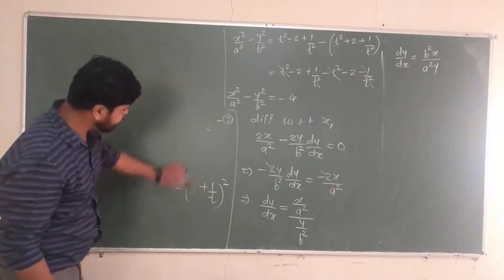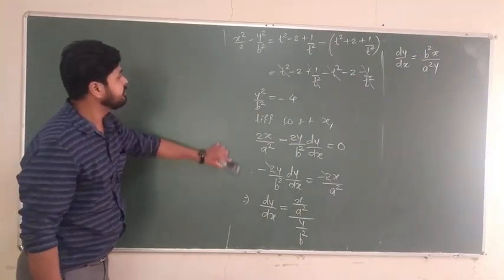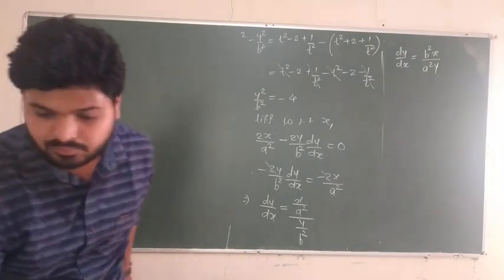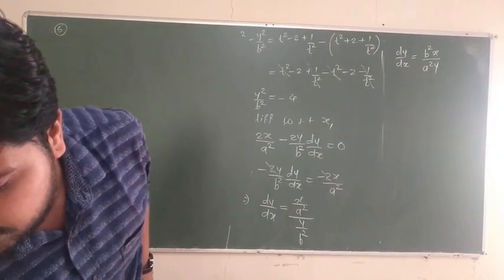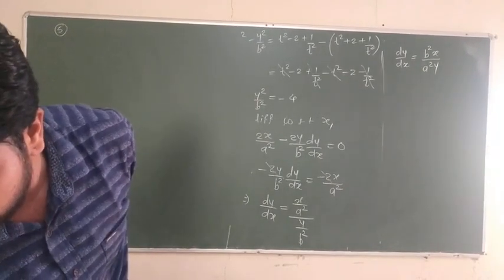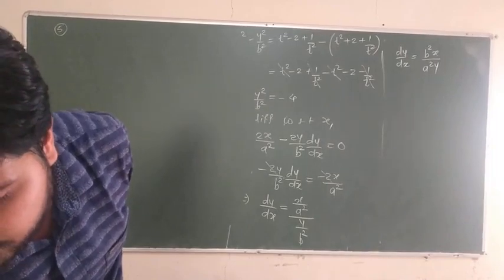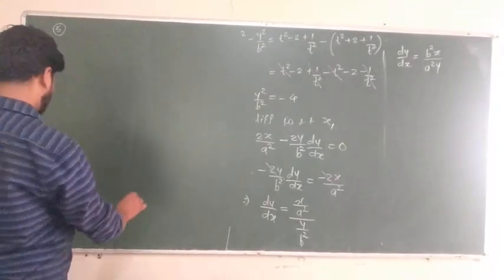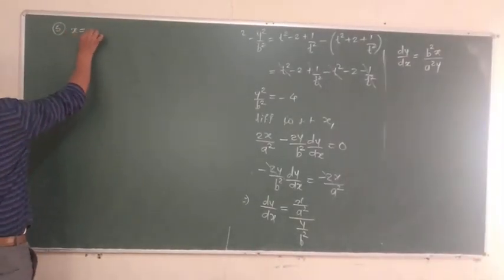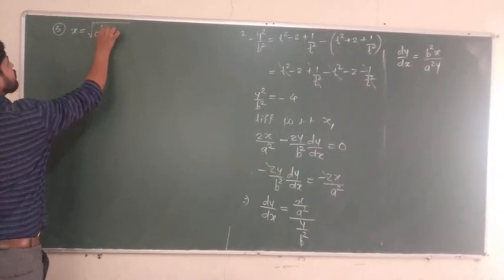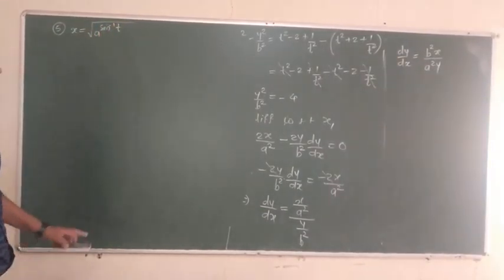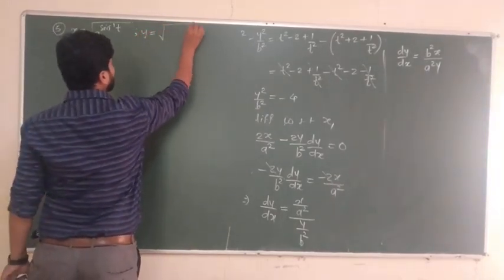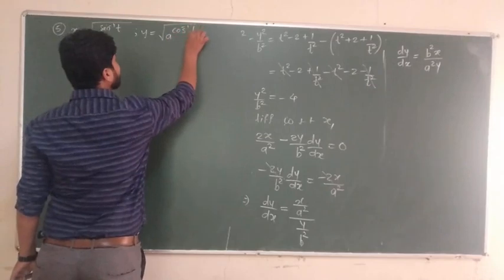Now we solve the next one, example number 5. The next example is x is equal to square root of a raised to sine inverse t, and y is equal to root a raised to cos inverse t.